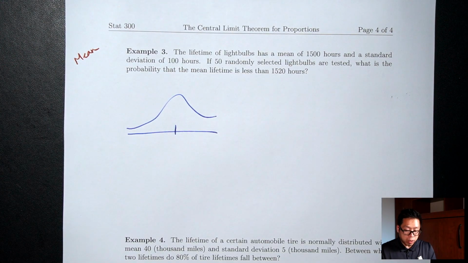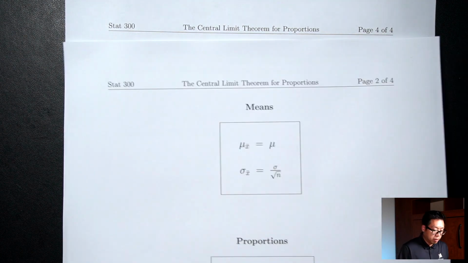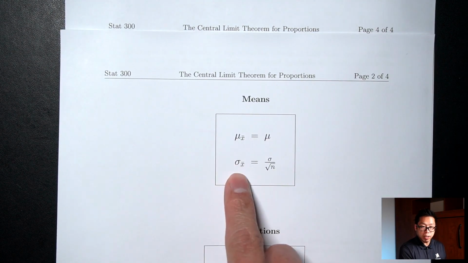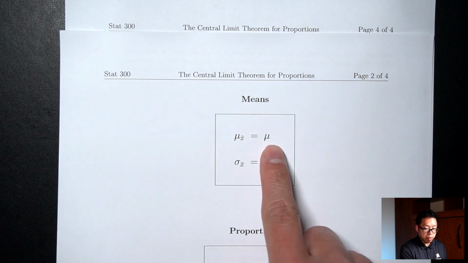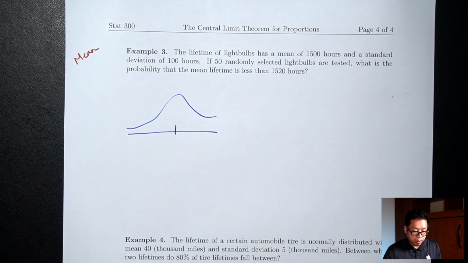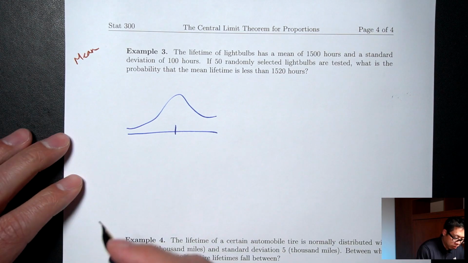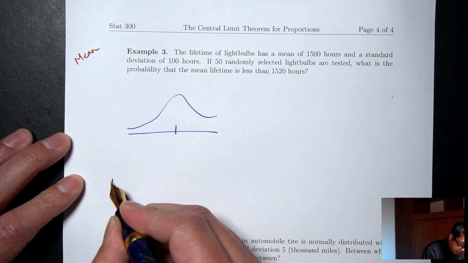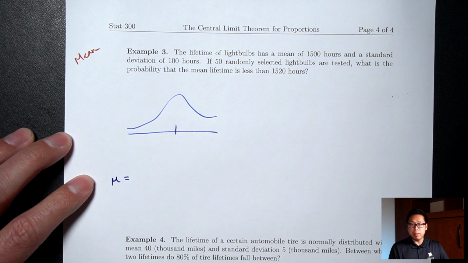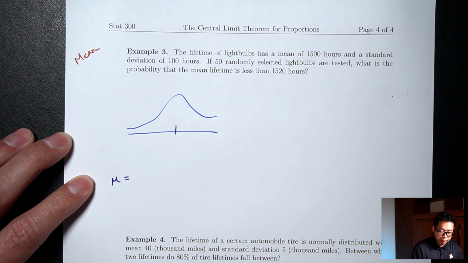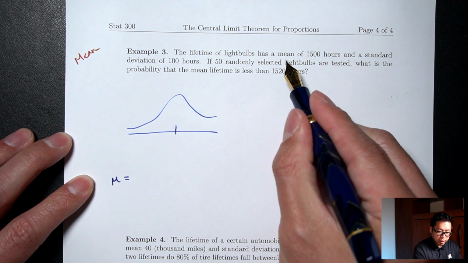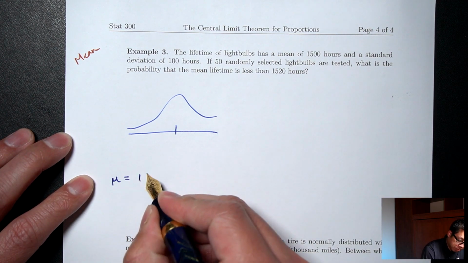Okay, because it's a mean question, I'm going to be using the mean box to write down my mean and standard deviation. The mean we're going to use is the original mean of the population, which is going to be the original mean in the question. Mean 1,500.